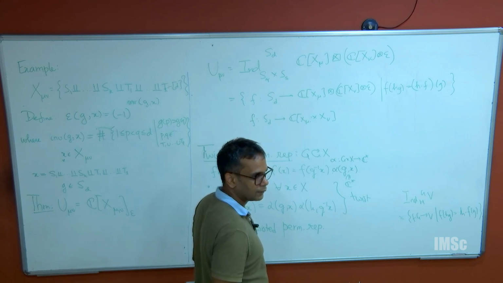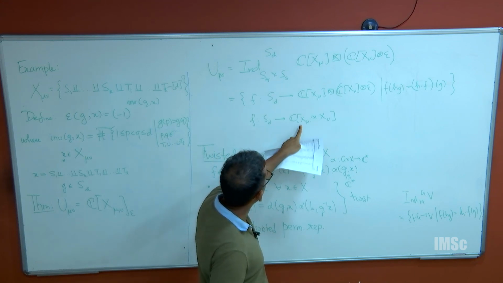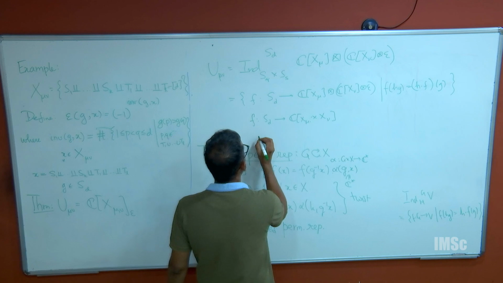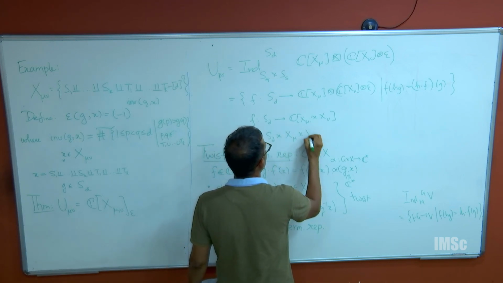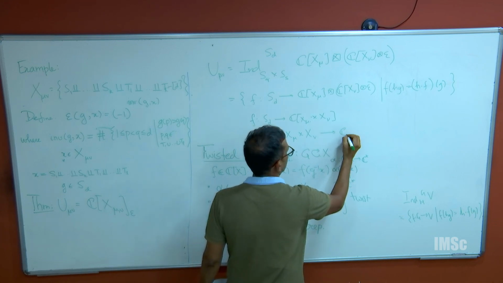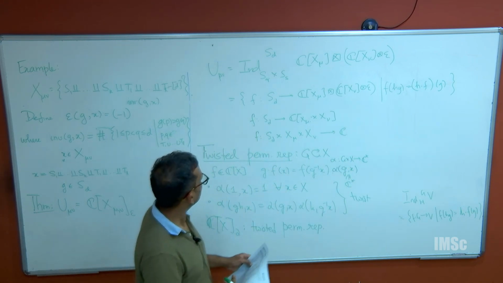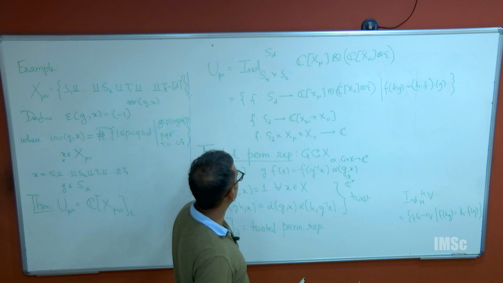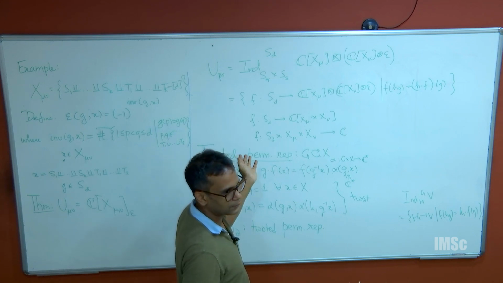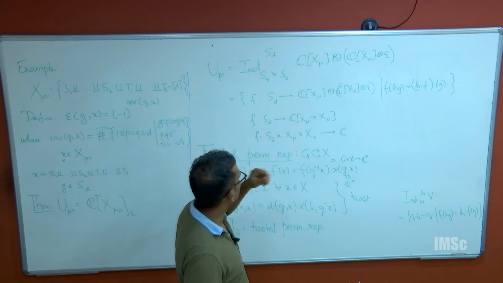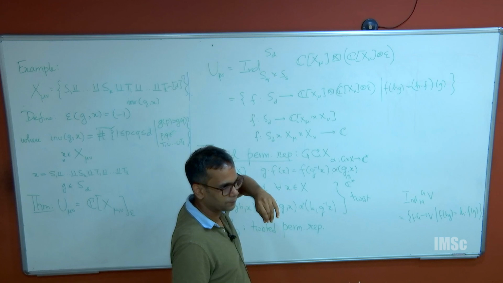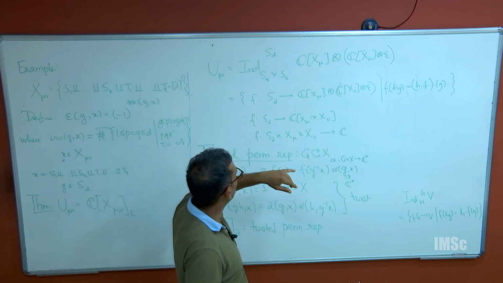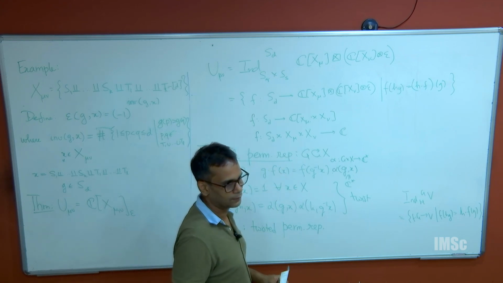You can think of a function from SD to C of X mu cross X nu as a function from SD cross X mu cross X nu to C. Then you take the SK cross SL orbits, and you just need to specify what the values of the function are on the SK cross SL orbits, and those will correspond to these set partitions.